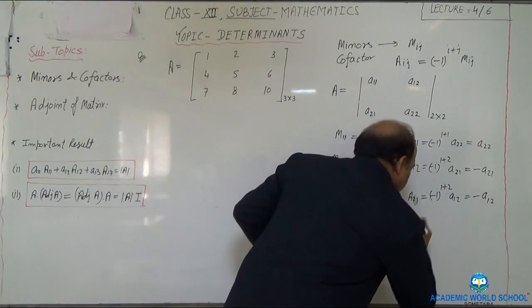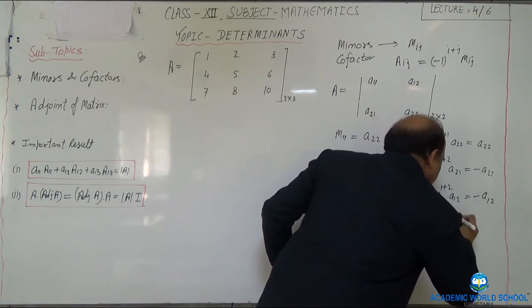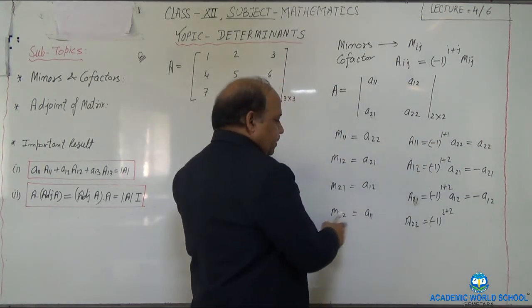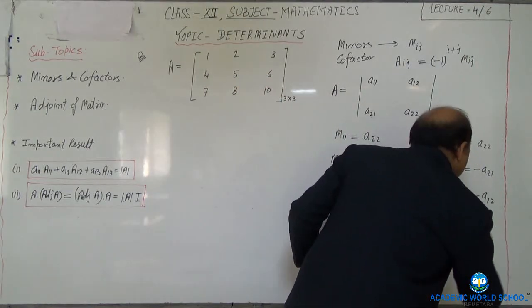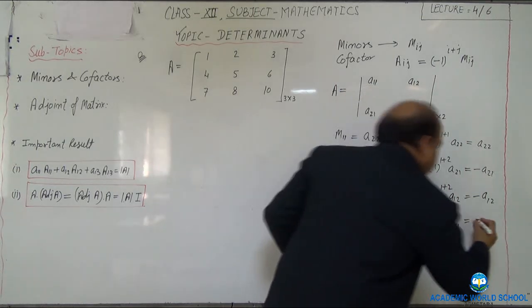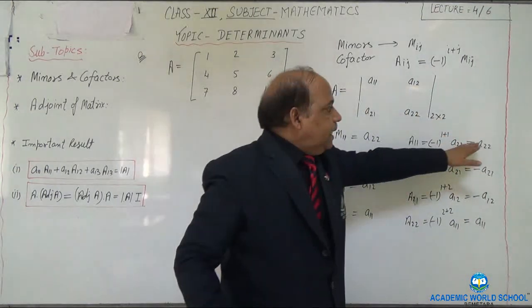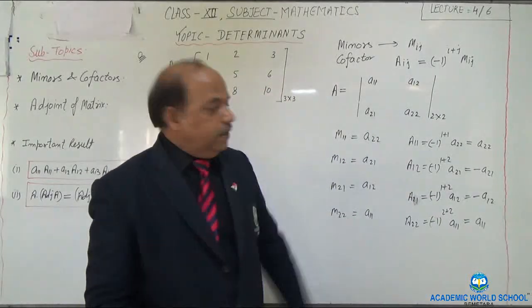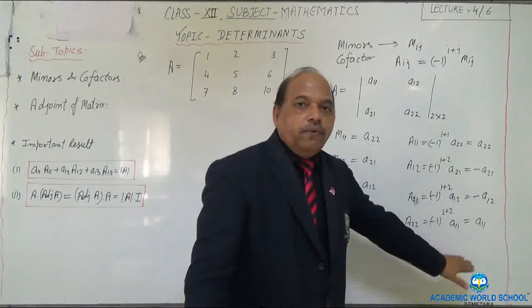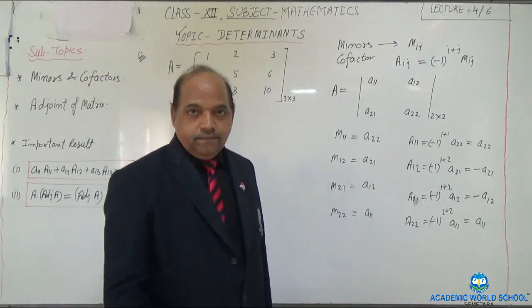Now find out cofactor of A22: minus 1 to the power 2 plus 2, minor of this element is A11, so write down A11, which is even, so it stays A11. So we have calculated the cofactors. Understand very carefully. These are the cofactors.